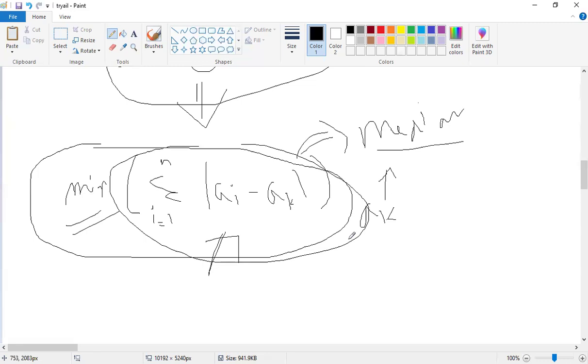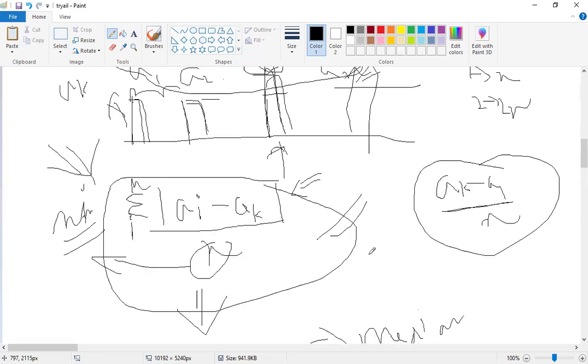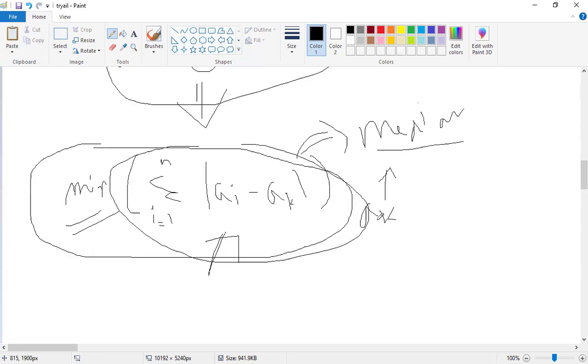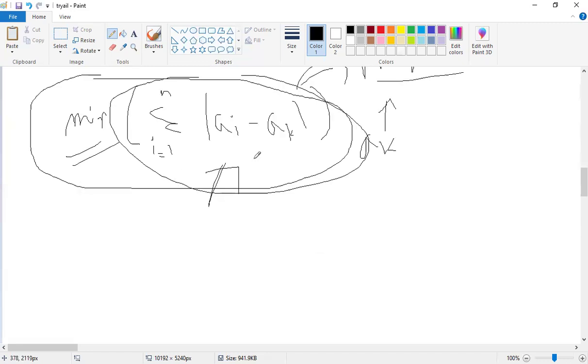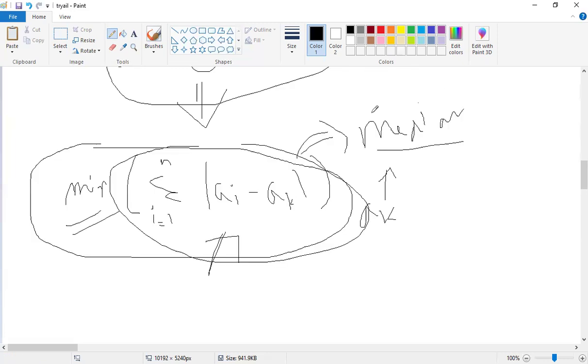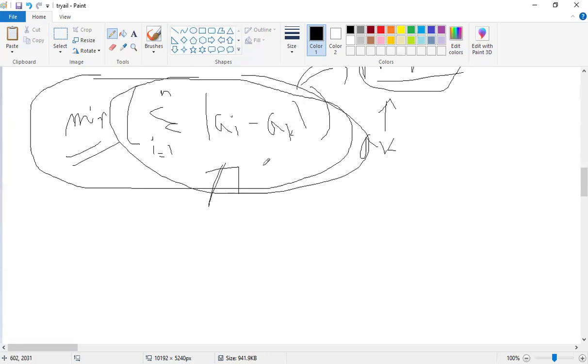Now, how does it happen? Maybe it has a mathematical proof also, but it has an intuitive proof too. If we are able to find that, then we can say that AK is a median, and finding the median is pretty easy. Let's now tackle how the median works for finding the minimum of this equation.